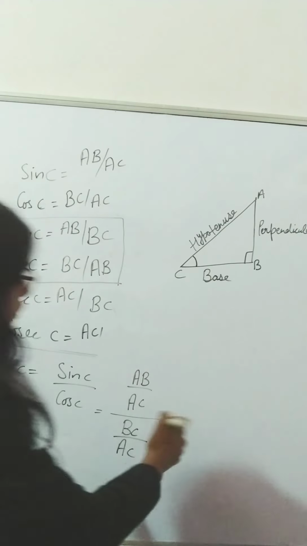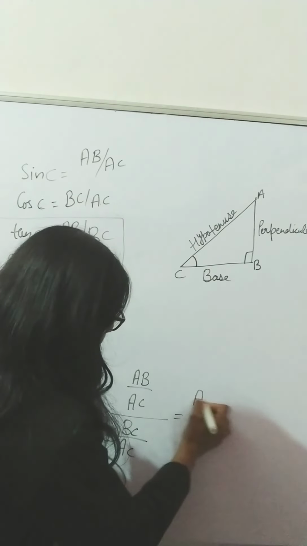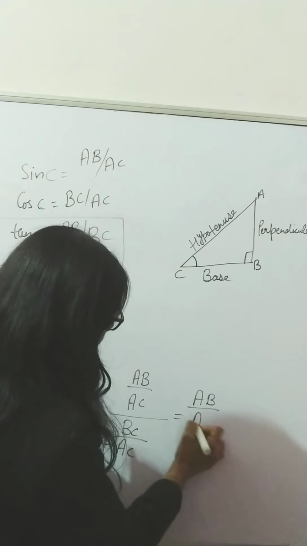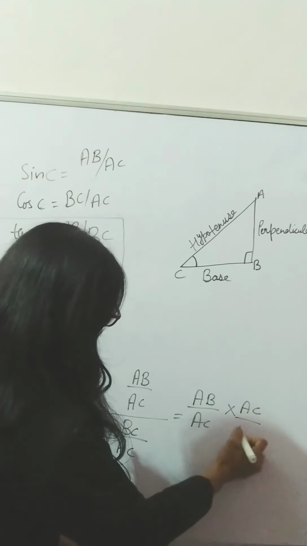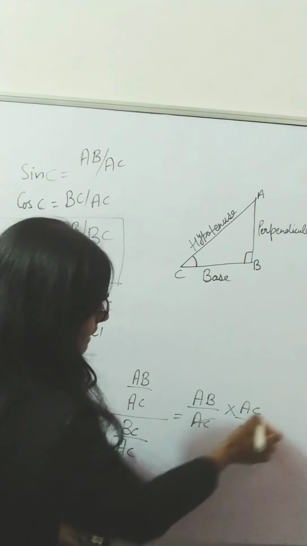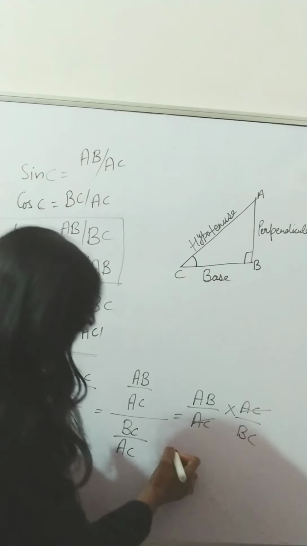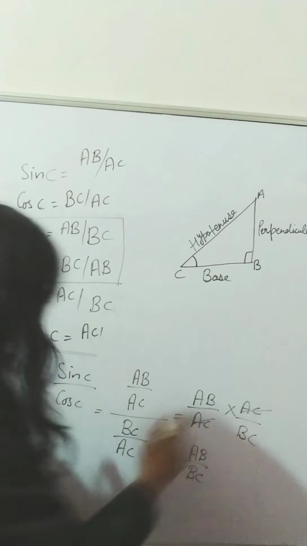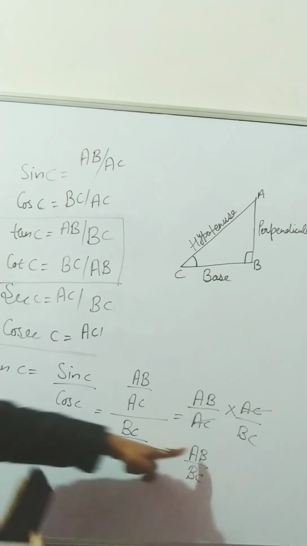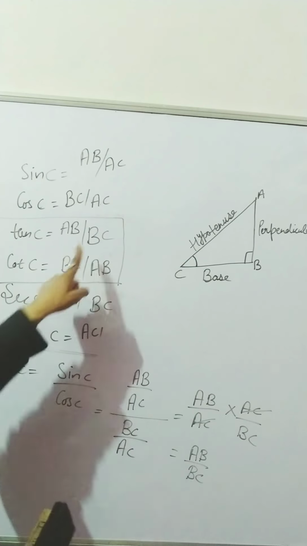Now we can solve this as AB divided by AC multiplied by AC divided by BC. AC cancels out AC, leaving AB divided by BC. That means tangent C is equal to AB divided by BC.